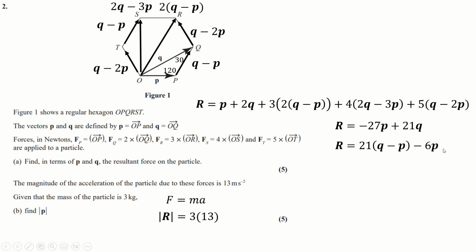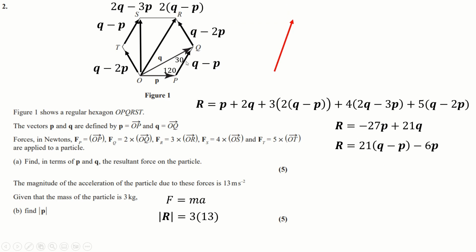Well, what's great about this is q minus p is one of the sides of the hexagon, and it's a regular hexagon, so q minus p has the same length as p. And so now I have r written in terms of 2 vectors that have the same length, which I didn't before. So that's quite good progress. It's not perfect because they still don't meet at 90 degrees, but I think I can fix that, because let's pretend that r is going in this direction somewhere.